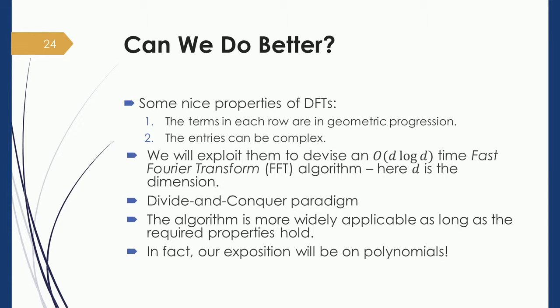As it turns out, this algorithm is applicable to other Fourier transforms, not just discrete periodic functions. In particular, it is quite suitable in the context of polynomials. We will describe the fast Fourier transform algorithm in the context of polynomials, for which we will first show that polynomials themselves can be represented as vectors in a suitable vector space.